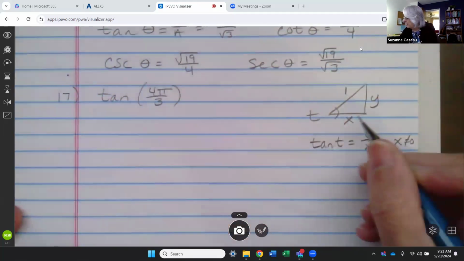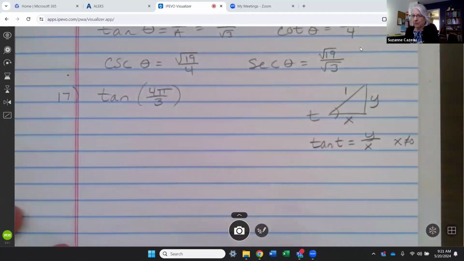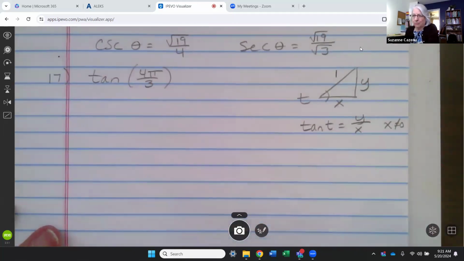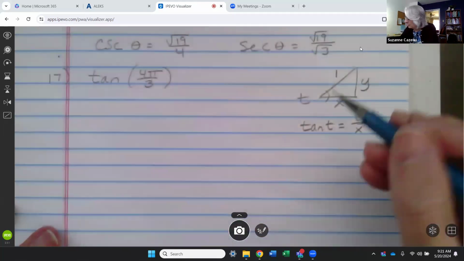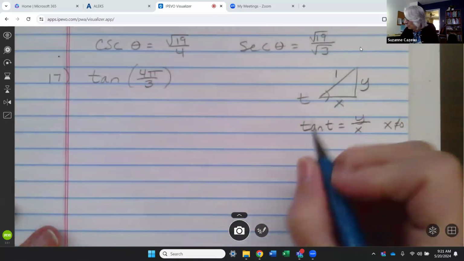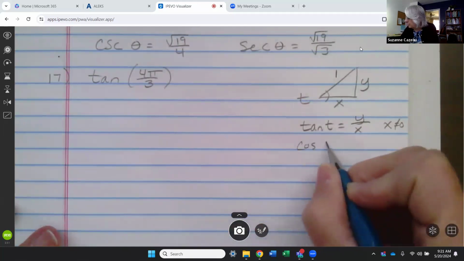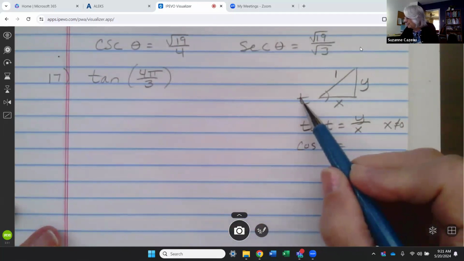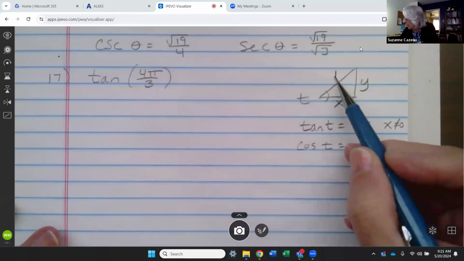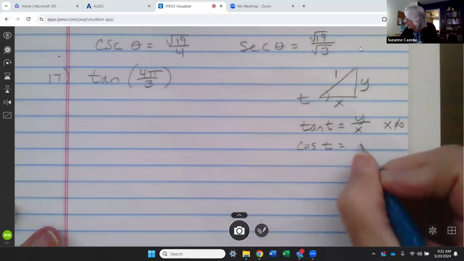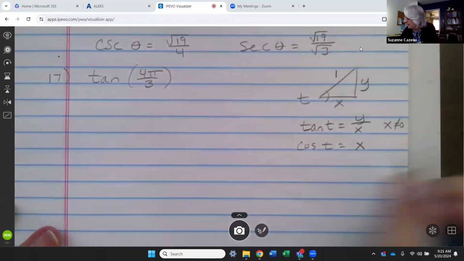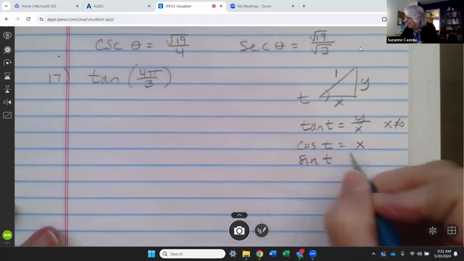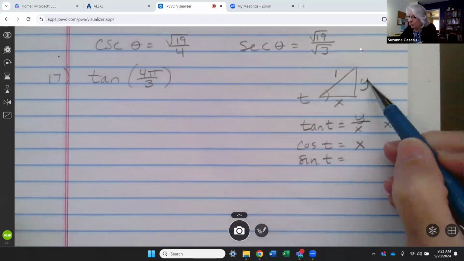and incidentally, about this thing, you want to get the ordered pairs on the unit circle. You just got to do this, right? Cosine of T is going to be, guess what? The cosine is adjacent over hypotenuse. So the cosine of T is X, right? And the sine of T, guess what? That's opposite over hypotenuse.